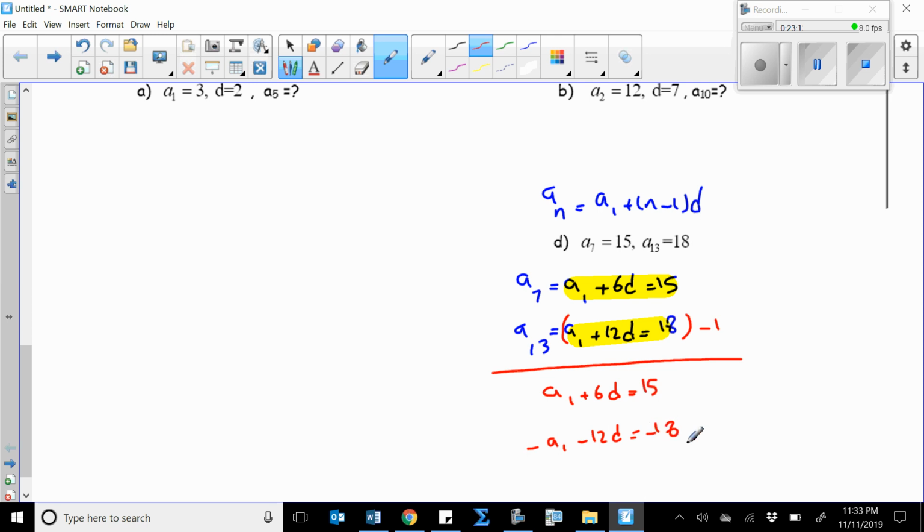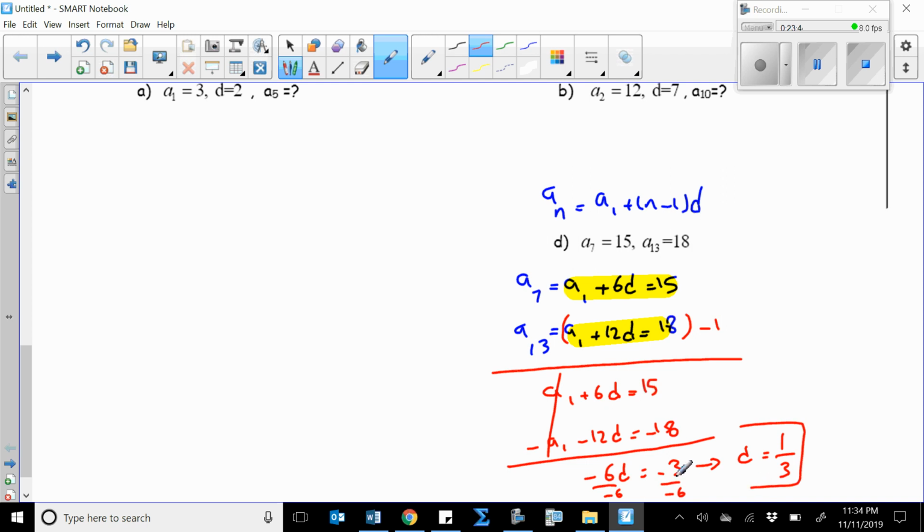So if I add them, these two cancel each other, and it will be negative 6d is equal to negative 3. Now I divide both sides by negative 6, and d will be 1 over 3. So we found the d value.